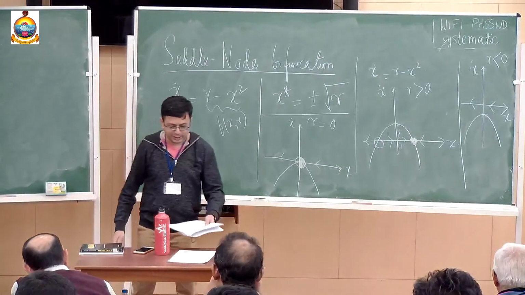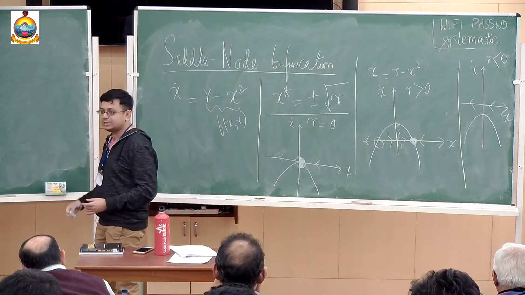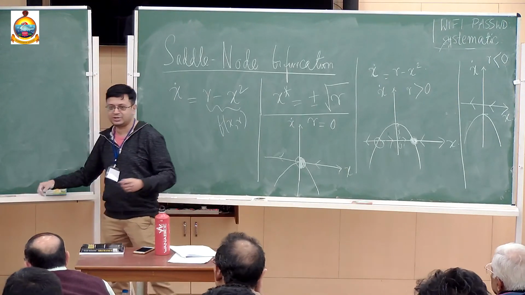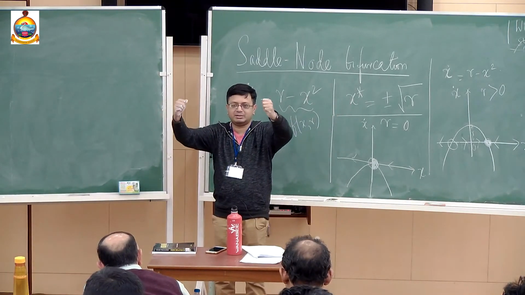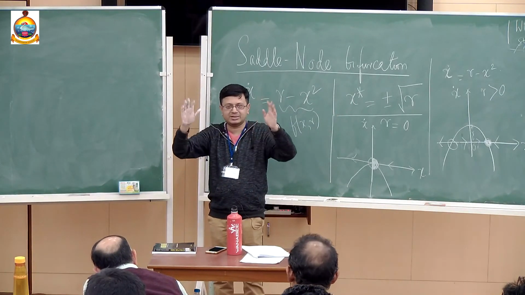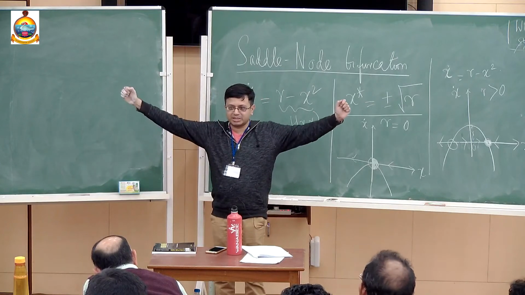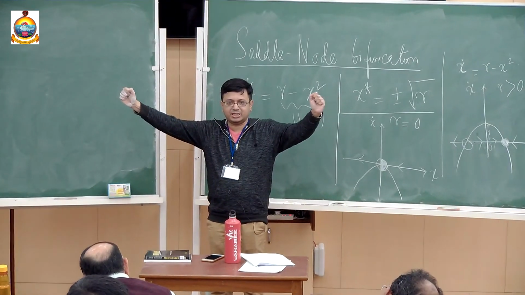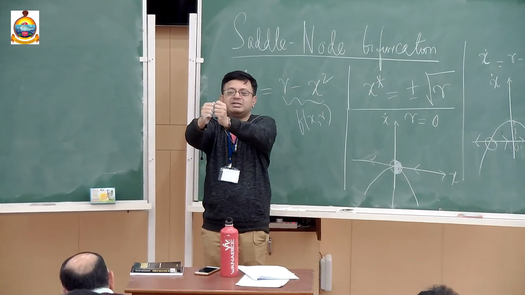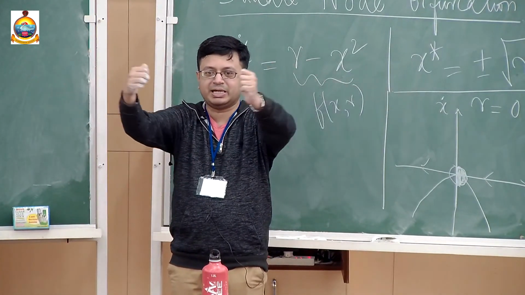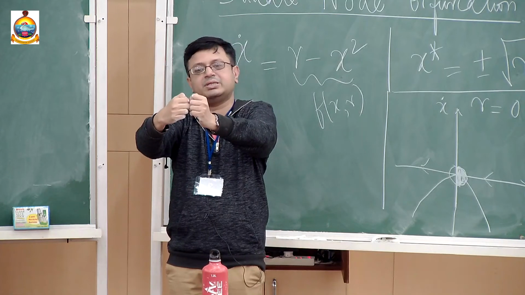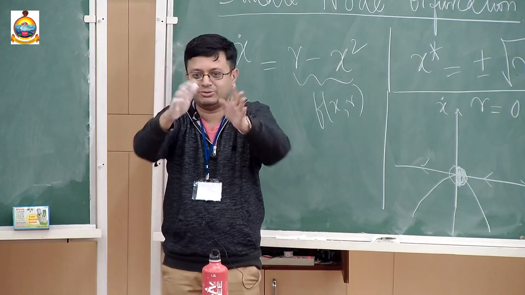Okay, so now you can imagine what are the other possibilities that can happen in 1D. You had two fixed points, they came and they just annihilate. One possibility could be that you have two fixed points and then they come and meet and they are very gentlemanly, so they exchange their attributes. A stable and an unstable came together, and then the stable one said, okay, let me be unstable and I make you stable.